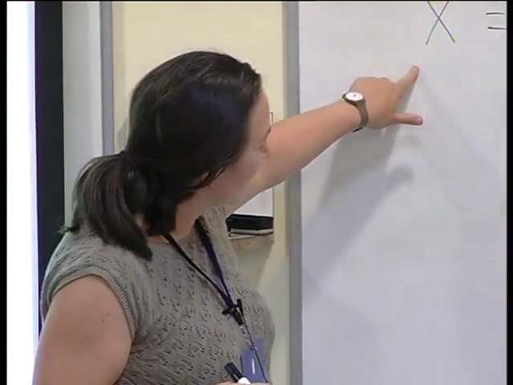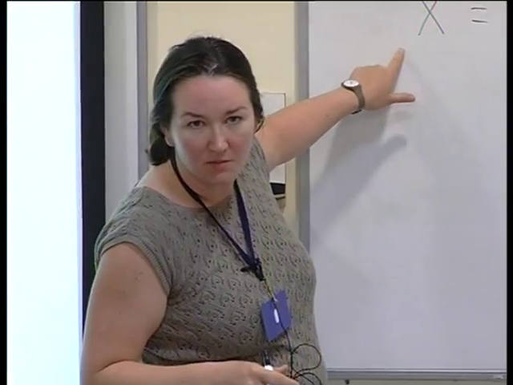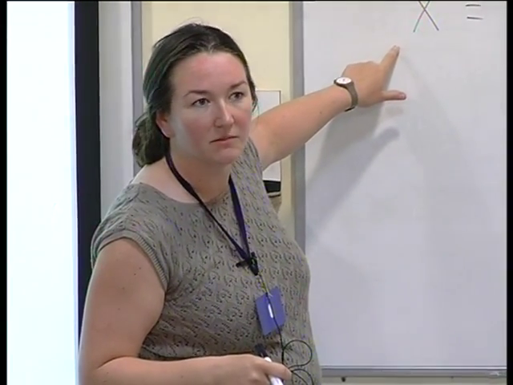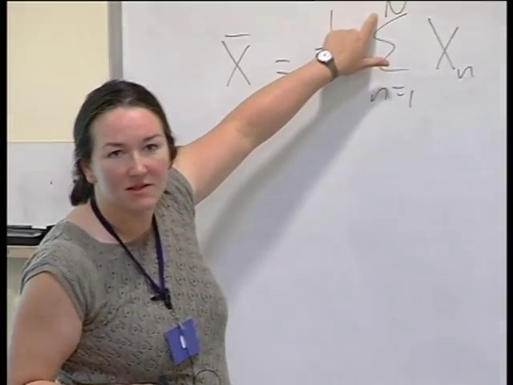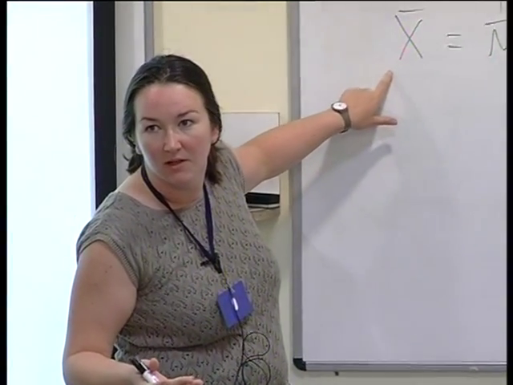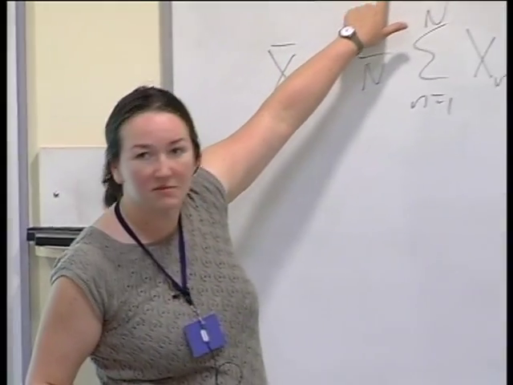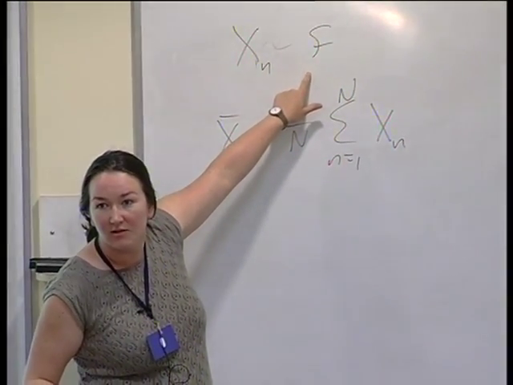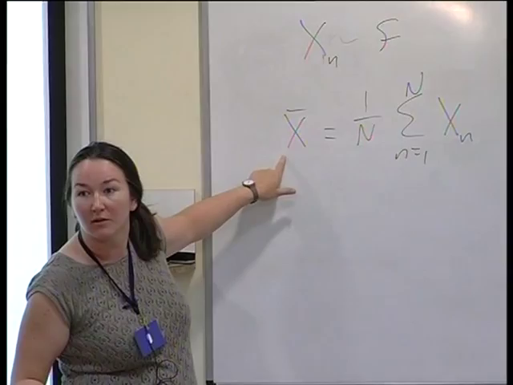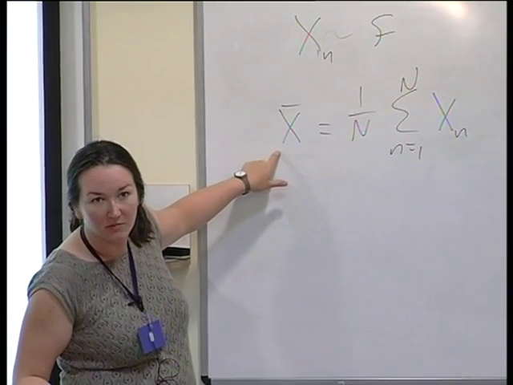We sort of talked about this last time, that the sample mean is also a random variable. If I did this 1,000 times, I'd get the average of these random variables. That'd be some number. If I picked a new 1,000 random variables from this Gaussian distribution and took the average of those, I'd get a different number. So the sample mean itself is a random variable.